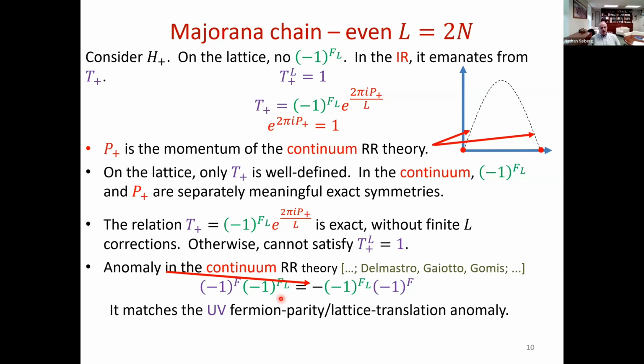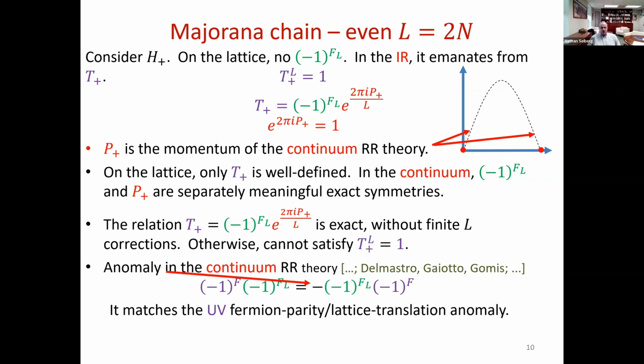One, how can we match this lattice anomaly involving translation in the continuum where there is no anomaly in continuum translation? And the answer is that lattice translation becomes in the continuum both an internal symmetry and a continuum translation, and the lattice anomaly is in that internal symmetry.